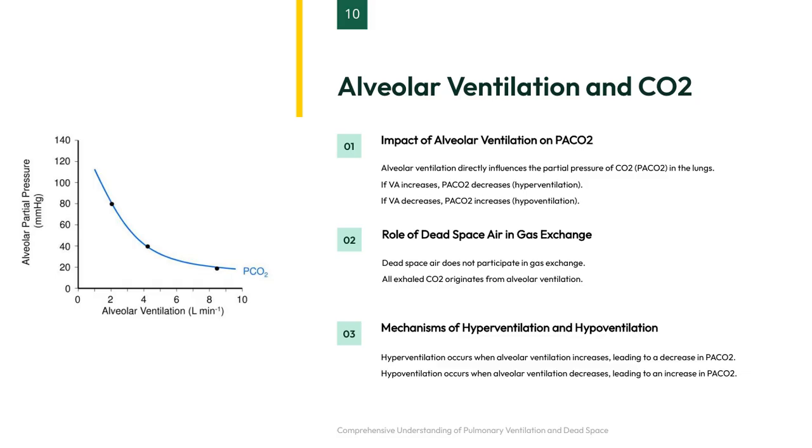If VA goes up, PaCO2 drops, and if VA decreases, PaCO2 rises. So, understanding these dynamics helps us grasp how the lungs maintain homeostasis and respond to different physiological demands. This is a fundamental part of comprehending pulmonary ventilation and the impact of dead space on our overall respiratory function.